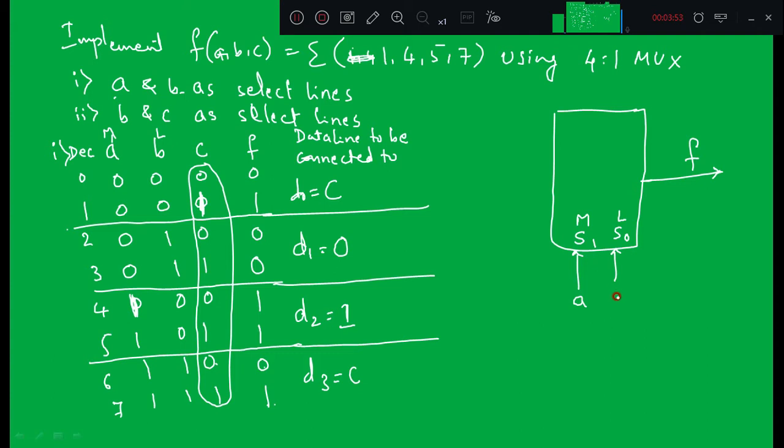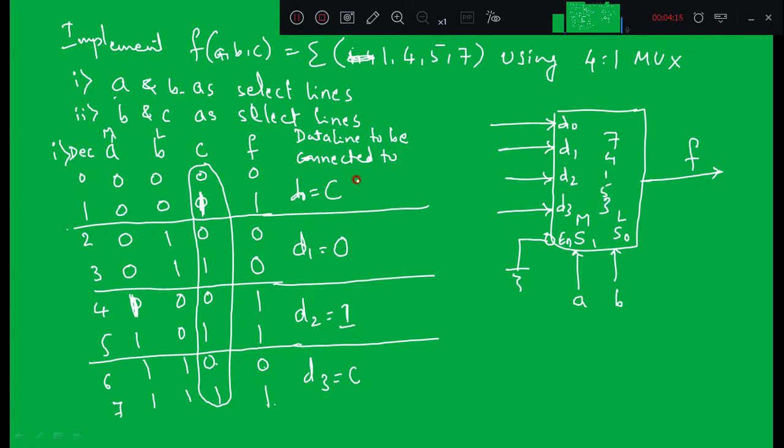So A is connected to S1, B is connected to S0, then we'll connect the data lines D0, D1, D2, D3, and enable is connected to ground because it is active low. To enable this particular IC 74153, we will connect enable to ground.